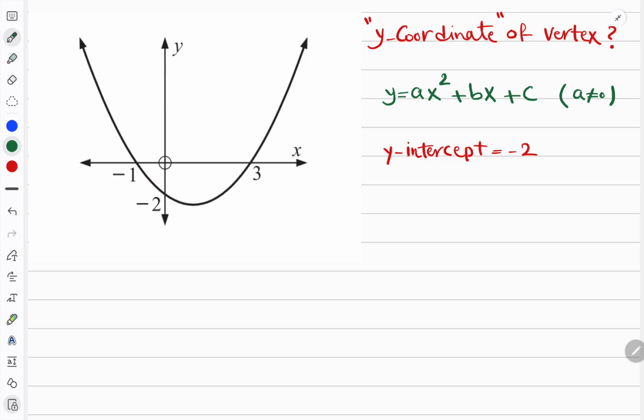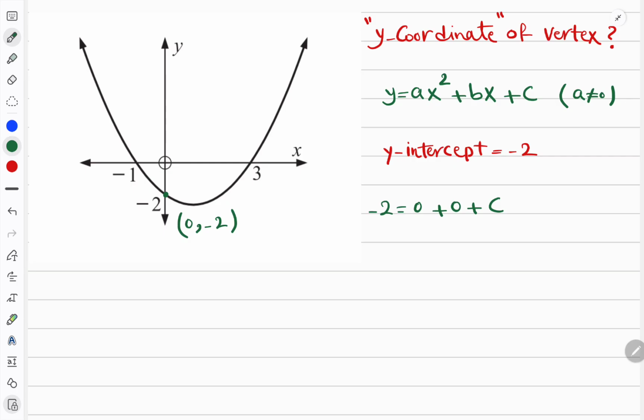we can write we have a point here 0 and -2, and we can substitute these x 0 and -2 into the equation and solve for c, because when you substitute this, y is -2, x is 0, so a times 0 is 0, b times 0 is 0, and we can find c.